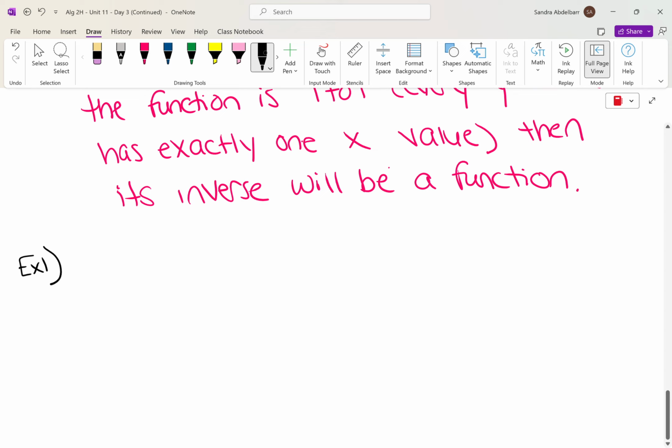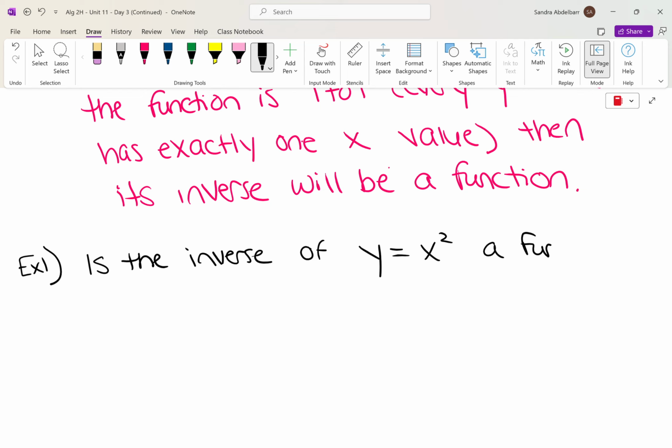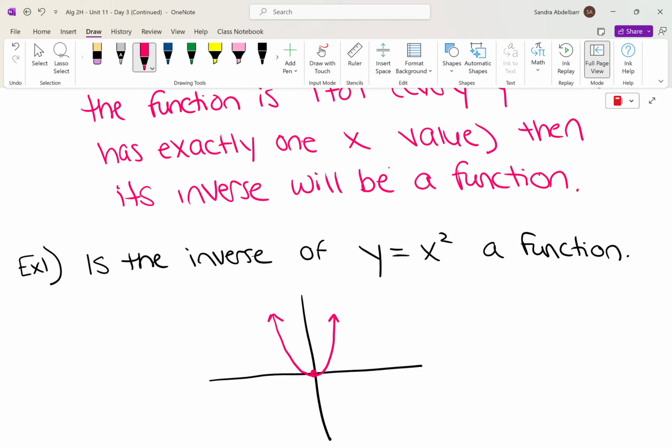Okay, let me give you an example. Is the inverse of y equals x squared a function? Well, y equals x squared, isn't that a parabola? Isn't that a parent function with a turning point at 0, 0?